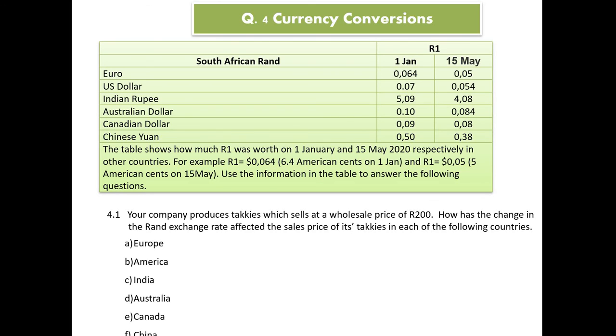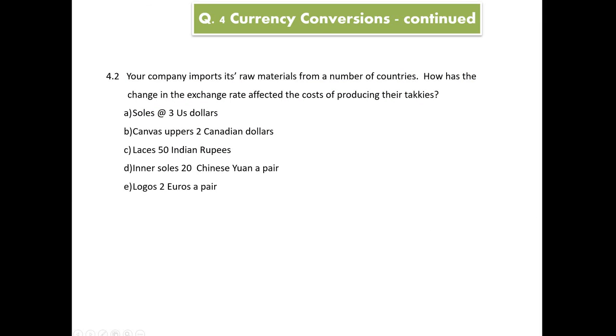How much has the change in the Rand exchange rate affected the sales price of its tackies in each of the following countries? So take 200 Rand times whatever, and how much, for example, euros would the tackies have sold for on the 1st of January and on the 15th of May, and do the same for US dollars for America, rupees for India, etc.